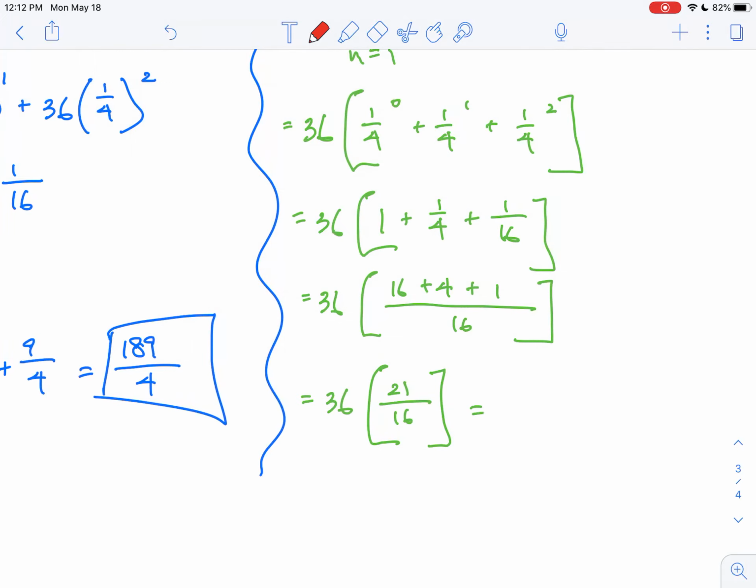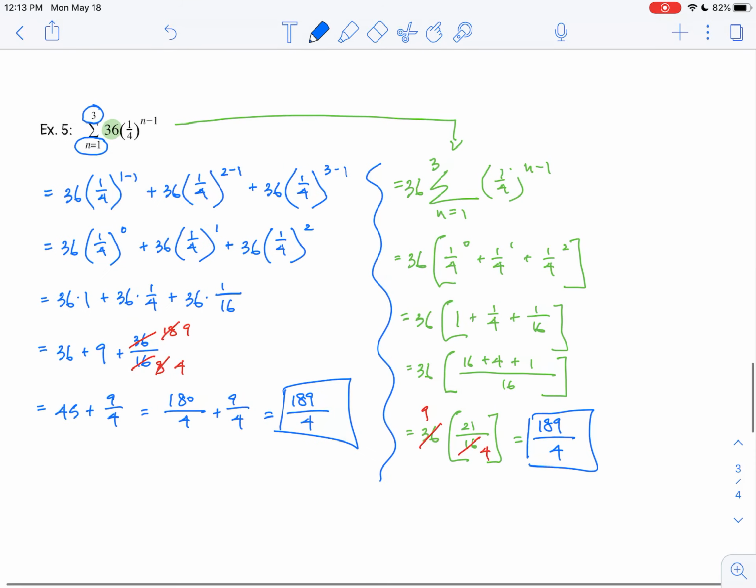And if I reduce here, let's see, 36 divided by 4 is 9. 16 divided by 4 is 4. And so I get the same answer I got before, 189 over 4, but just with a slightly different process in the calculation. So really the biggest difference is just that I factored out that 36, and it just kept my numbers a little bit smaller on the inside.